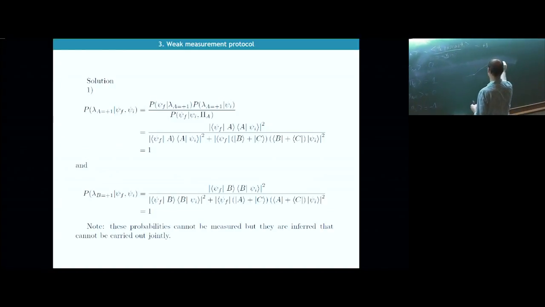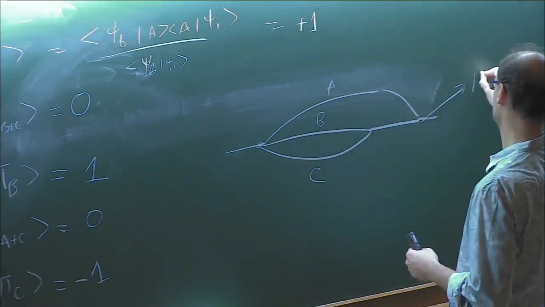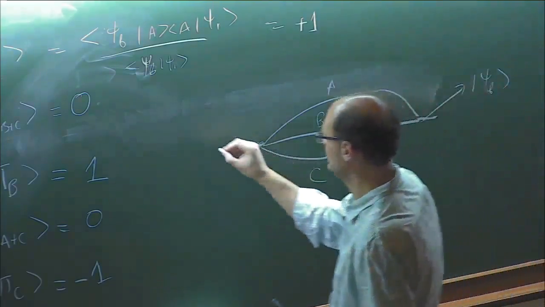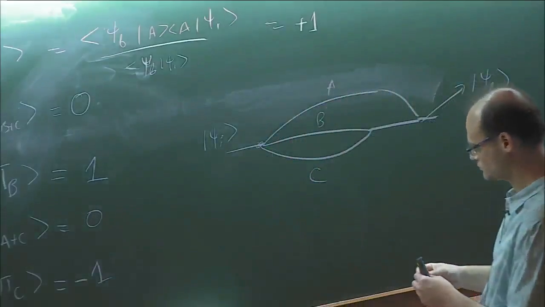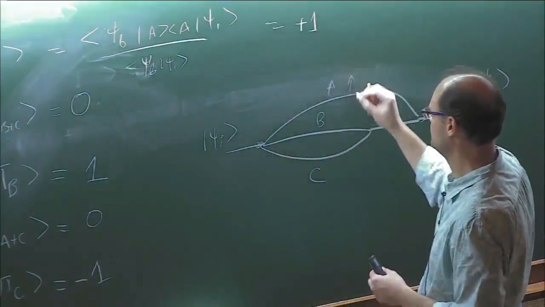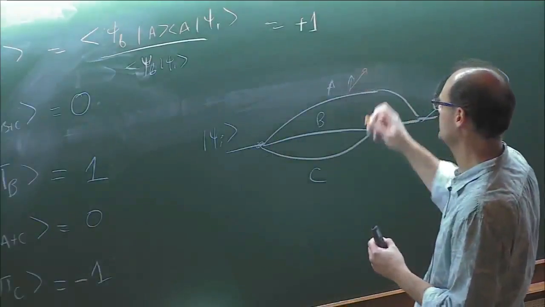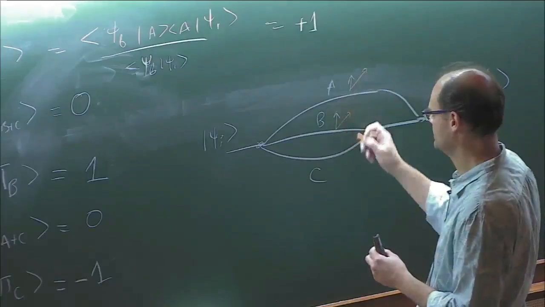Imagine here you have, instead of boxes, you have paths. So this would be A, this would be B, this would be C. So this would be psi F, psi I. So then your weak value here is 1. Here the weak value is also 1 on this path.